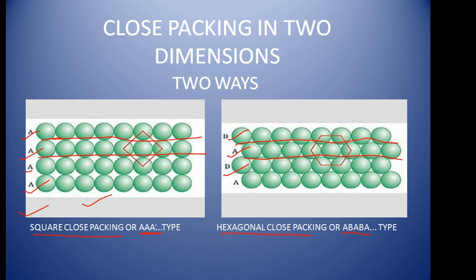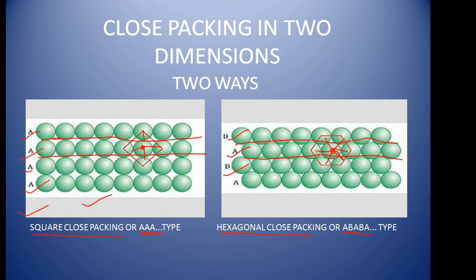Why is it hexagonal and why is it square? Because if you consider each atom here, each atom is in contact with 4 other atoms, so it is square close packing. But here each atom is in contact with 6 other atoms: 1, 2, 3, 4, 5 and 6.